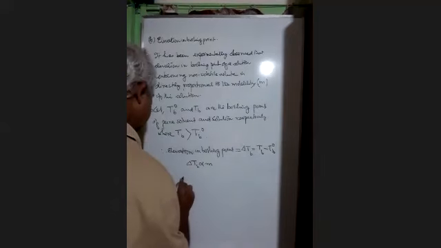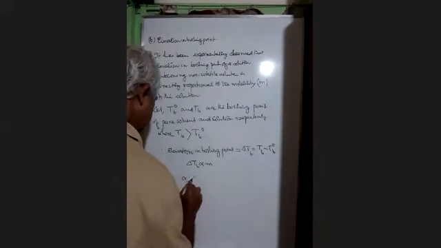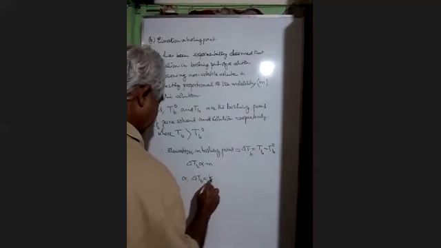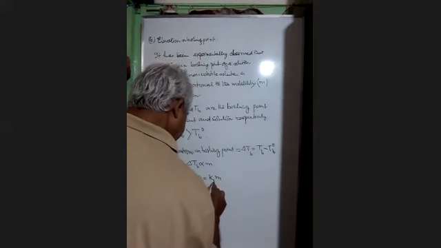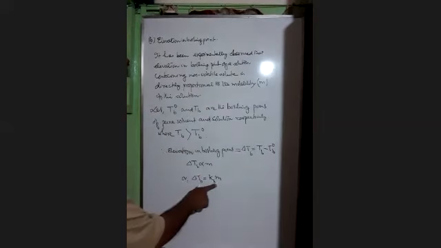So now we'll write delta TB is equal to K into m. So what is K? K is the proportionality constant, but everywhere we are putting K only. So you will have confusion that K has come from where? It relates to what equation? So in that case, we write here KB.